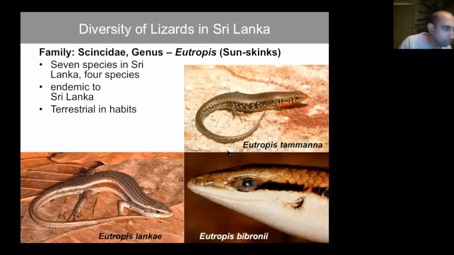So what I have here in the bottom right corner is Eutropis bibronii, one of the most unique skinks in Sri Lanka. This particular lizard is unique because its lower eyelid is transparent. Right? So that enables this skink to show a unique behavior.